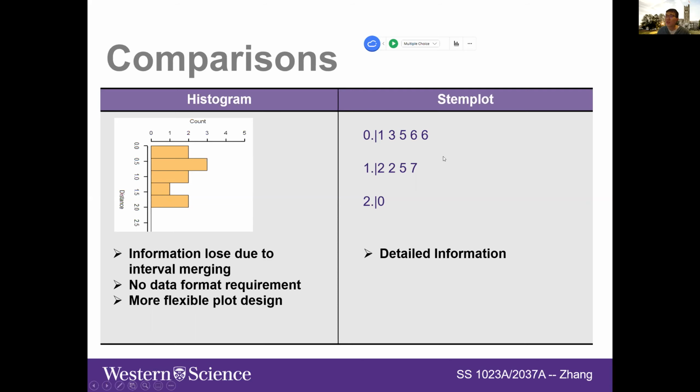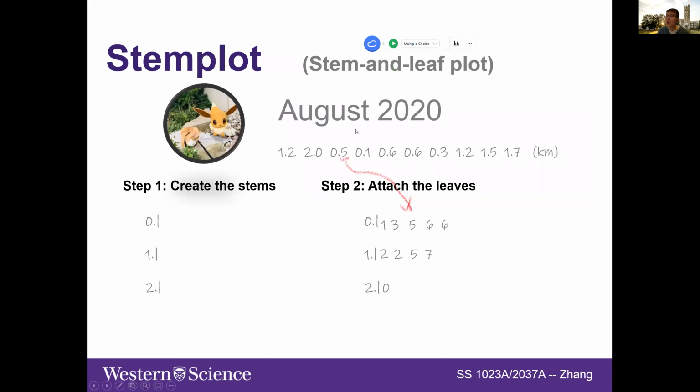But of course, the stem plot is not perfect. It has its pros, but it also has its cons. For example, the stem plot has a very high requirement on your data format. In our data points, we have something dot something, with one digit before the dot and another digit after the dot.